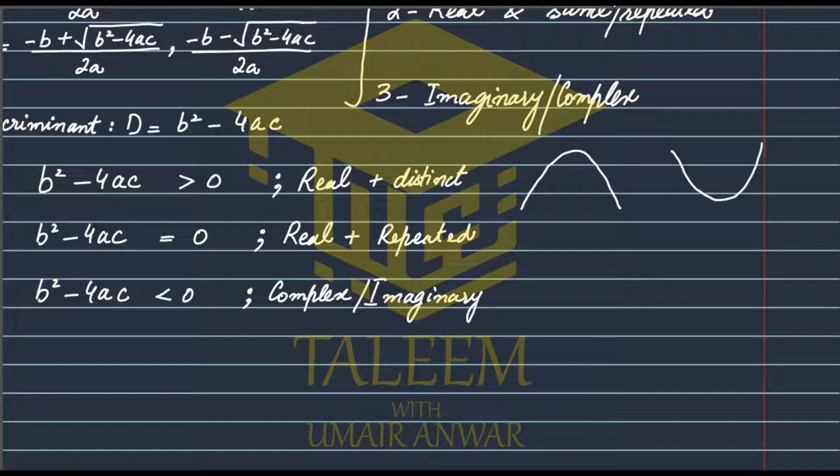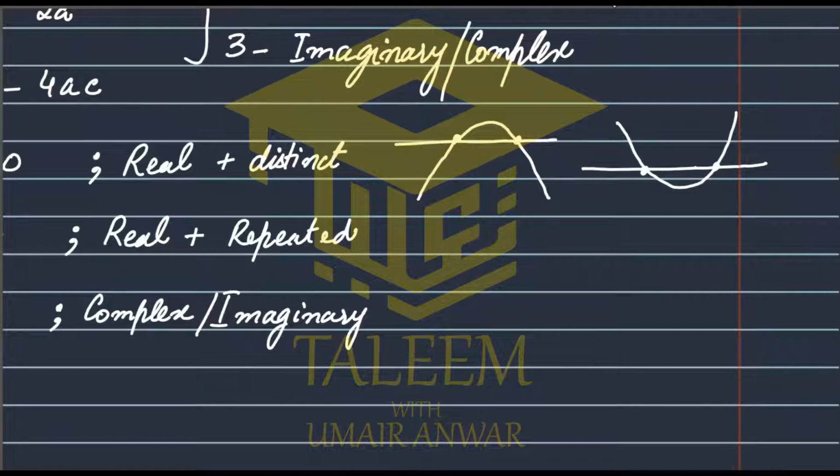If we are getting two distinct real roots, or two different real roots, then it would mean that our graph is cutting the x-axis at two different points. Whether it is a cup down parabola or a cup up parabola, in both cases it is intersecting the x-axis at two different points.